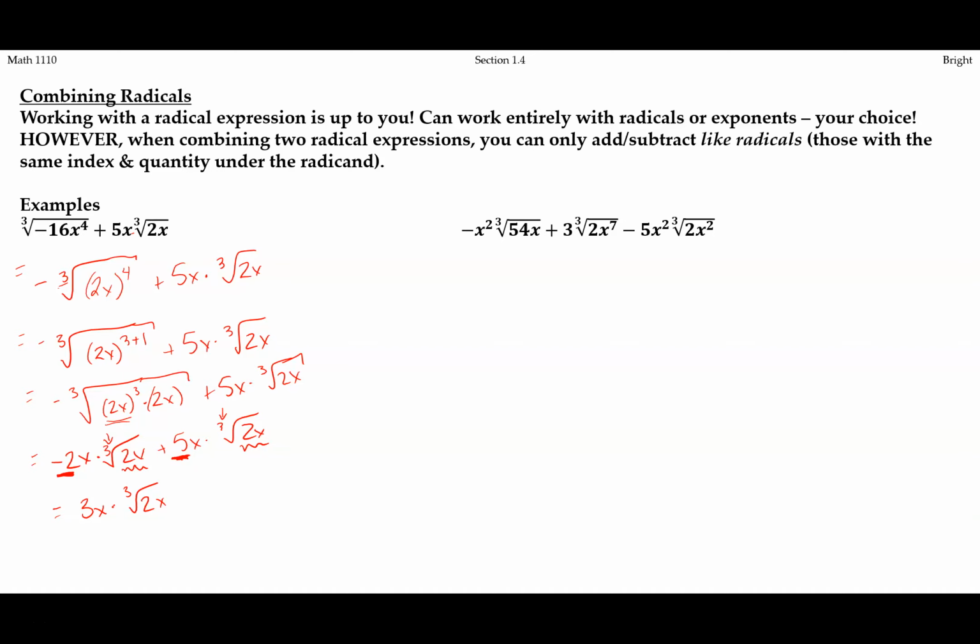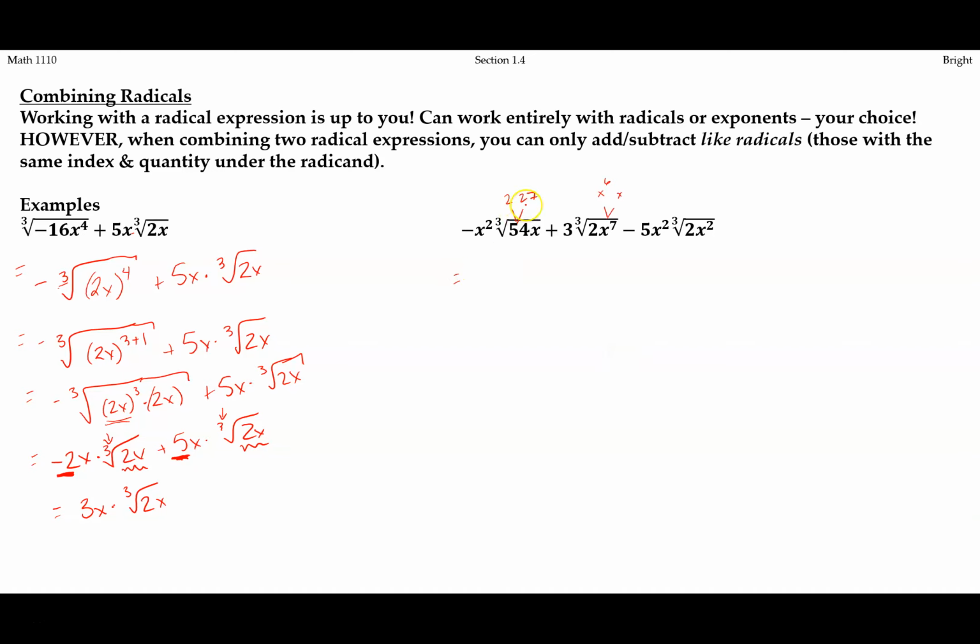Let's see. First of all, I'm going to represent 54 as 2 times 27, and I'm going to show less work this time. If you need to show more work, that is fine. The x to the 7th, I'm going to represent as x to the 6th times x. When I simplify this, I'm going to go a little bit faster.